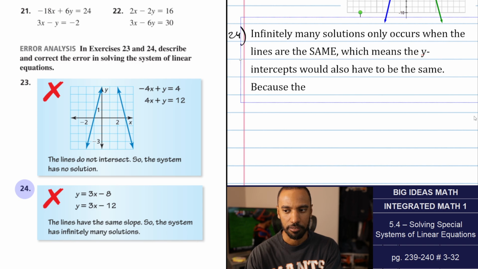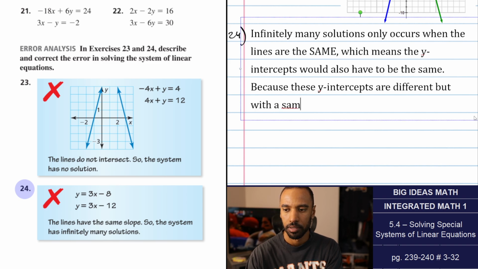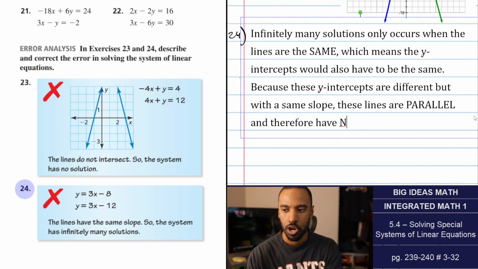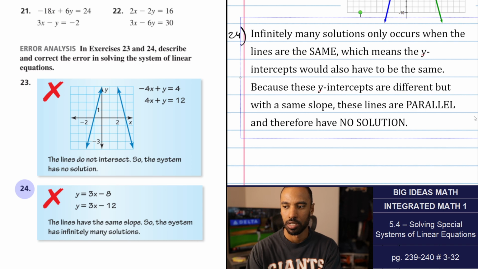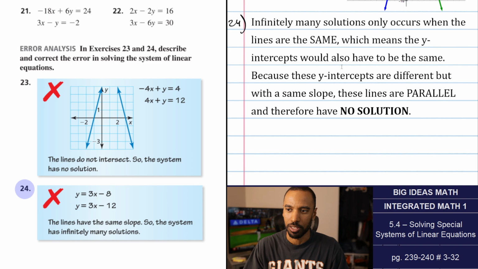Because these y-intercepts are different, but with the same slope, these lines are parallel and therefore have no solution. So that's the correction. No solution, not infinitely many.